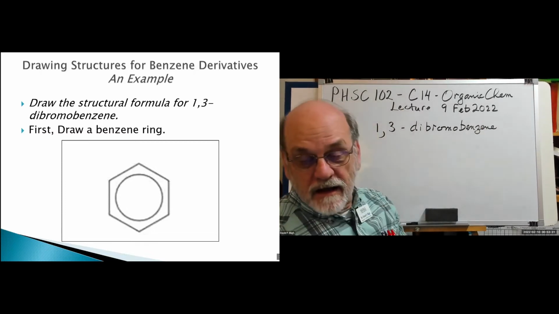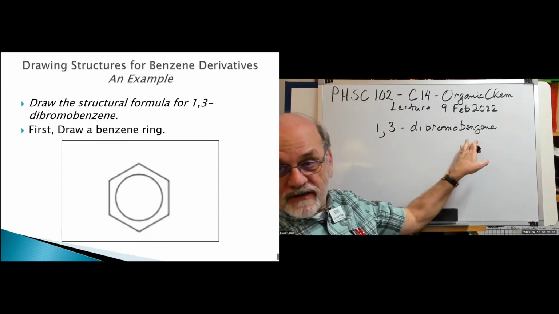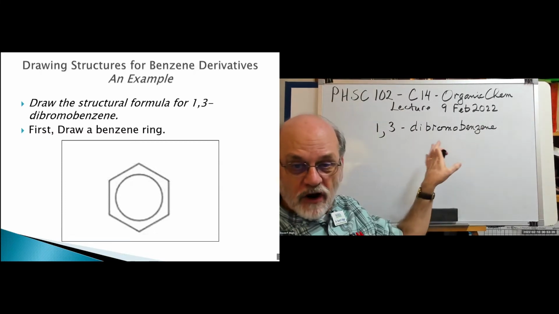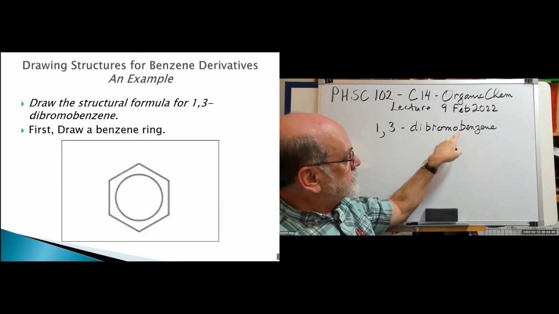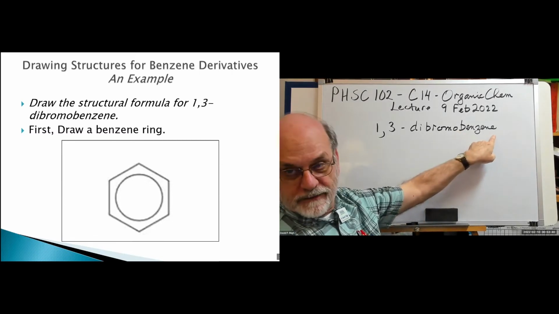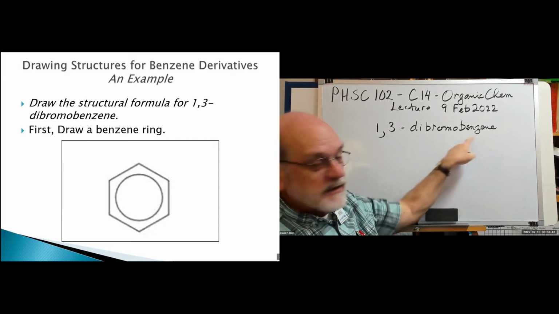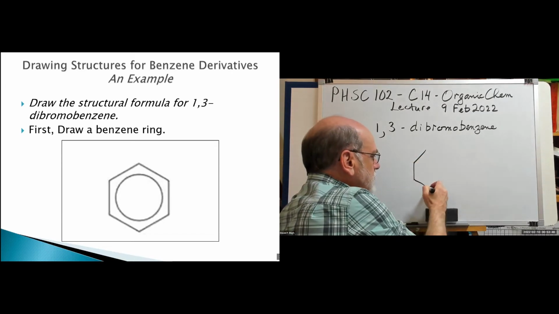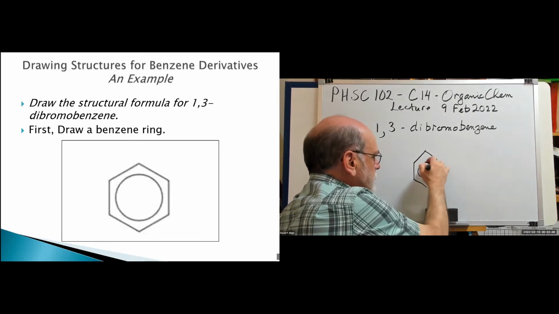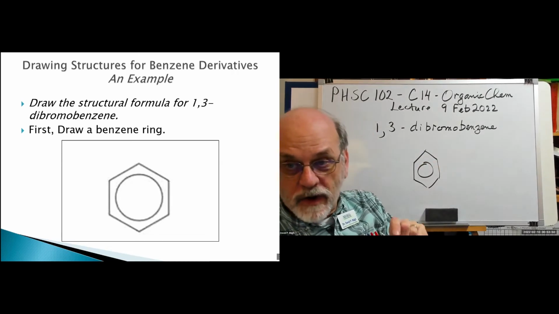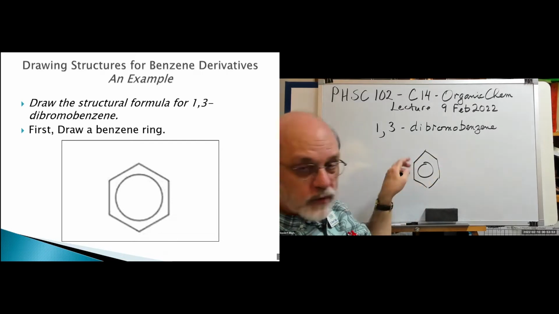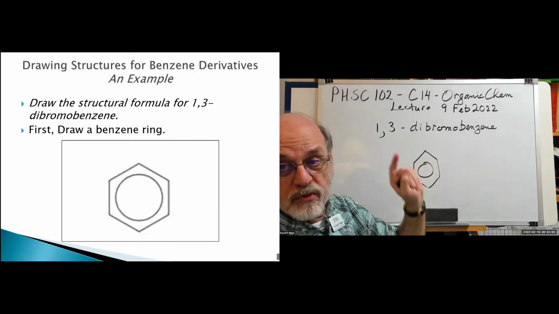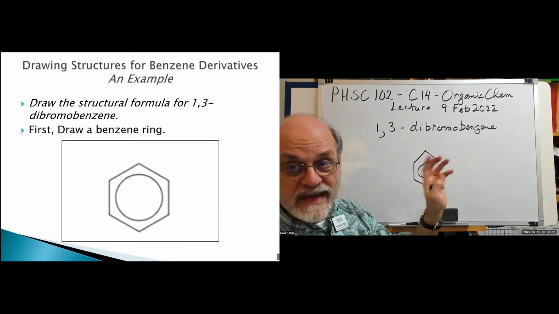okay, the way to deconstruct that and turn it into a structure is to start from the root. This is the base unit. So we would draw the benzene ring. And then we also know that on this ring are positioned 2 bromines, 2 Brs.